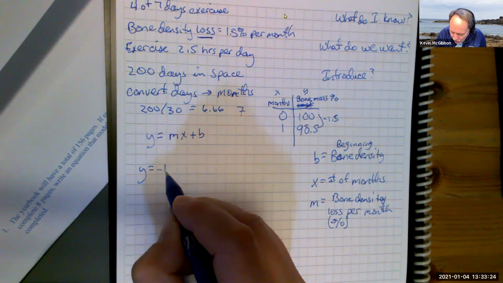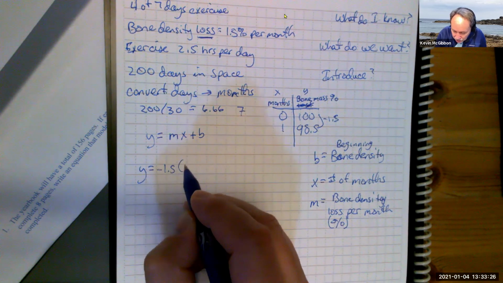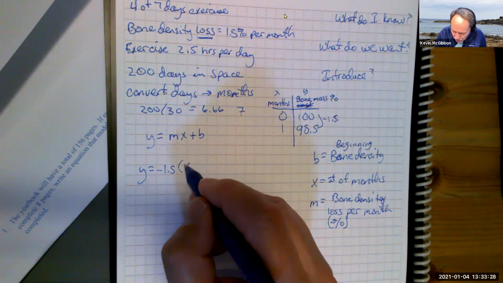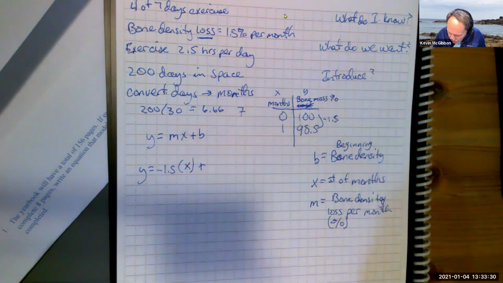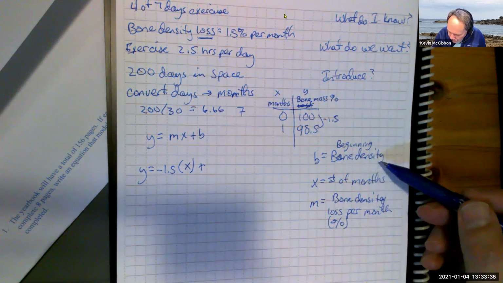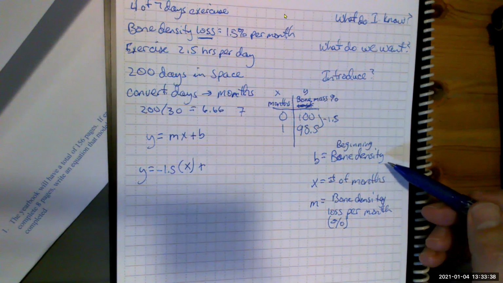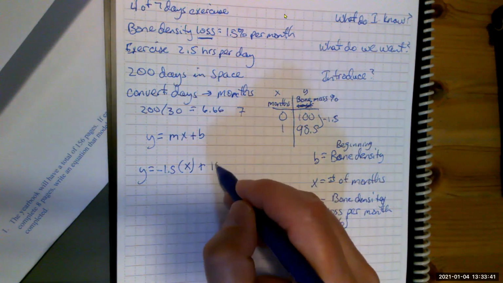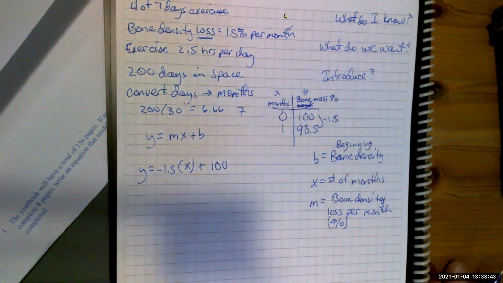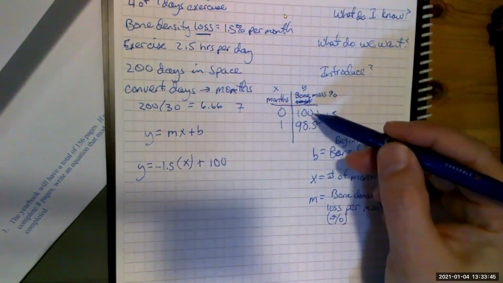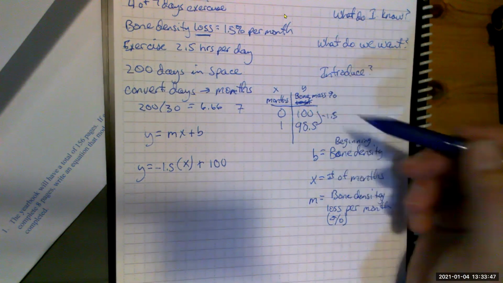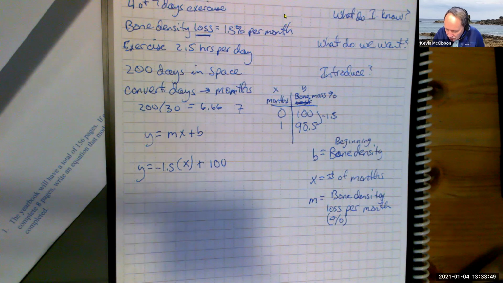Negative 1.5, and then x, because it's a variable, right? Plus what? What am I going to put in for b here? What was the beginning bone density? 100. And why do we choose that? Because that is his bone density before he went to space. That's how he started. All right, it was at 100%.